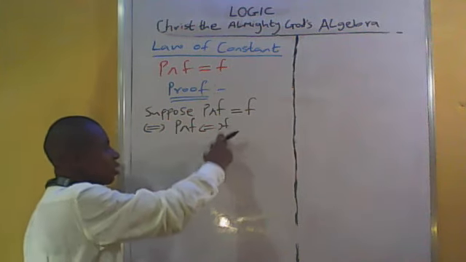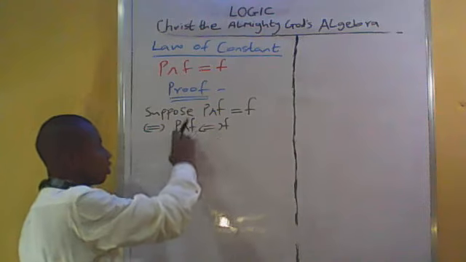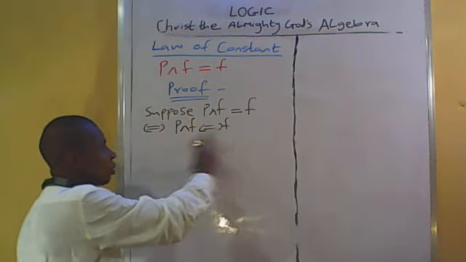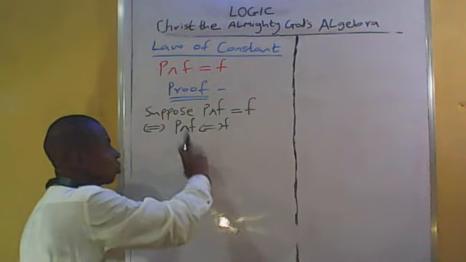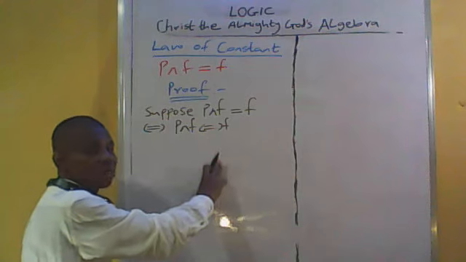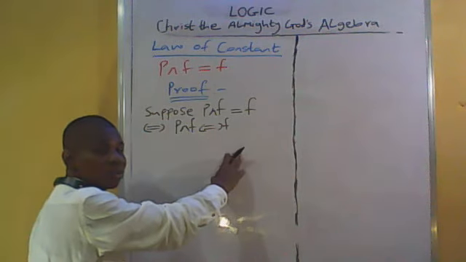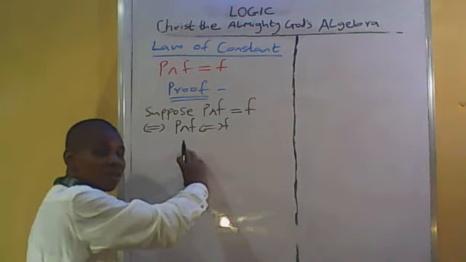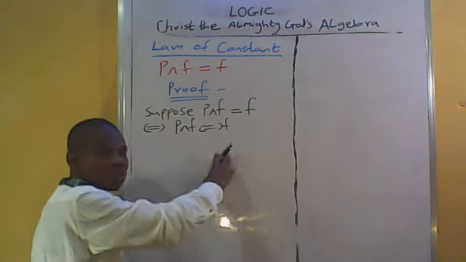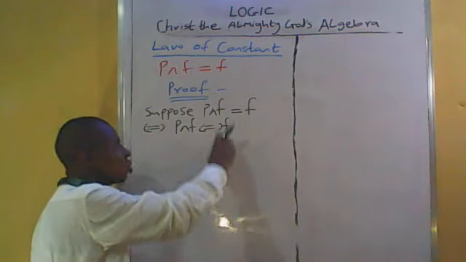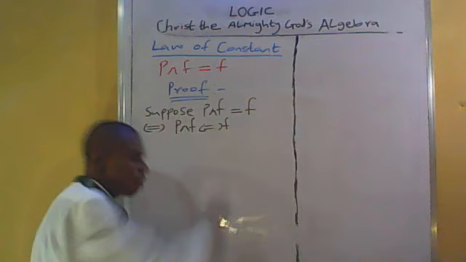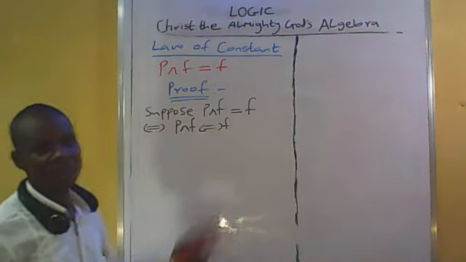Whenever the right side is false, the left side must also be false. So it's logical equivalent.